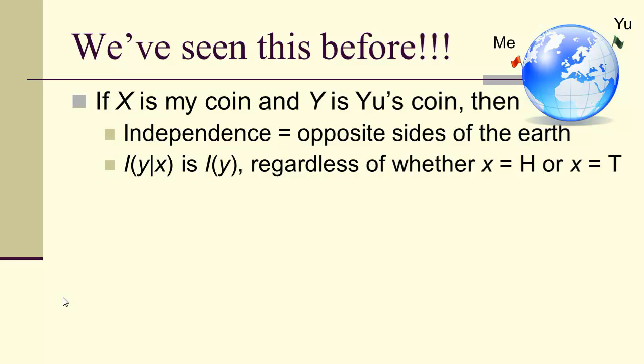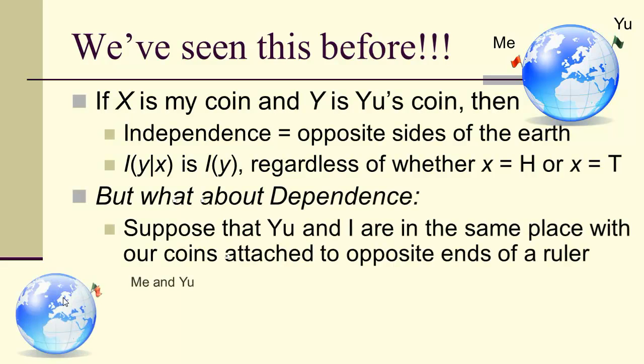So if I have independence, then the self-information from y given x, it's just the information from y itself, because regardless of whether or not I got heads or tails on my side of the earth, you are going to get your outcome completely independent of that. So the condition x doesn't increase or decrease the information.